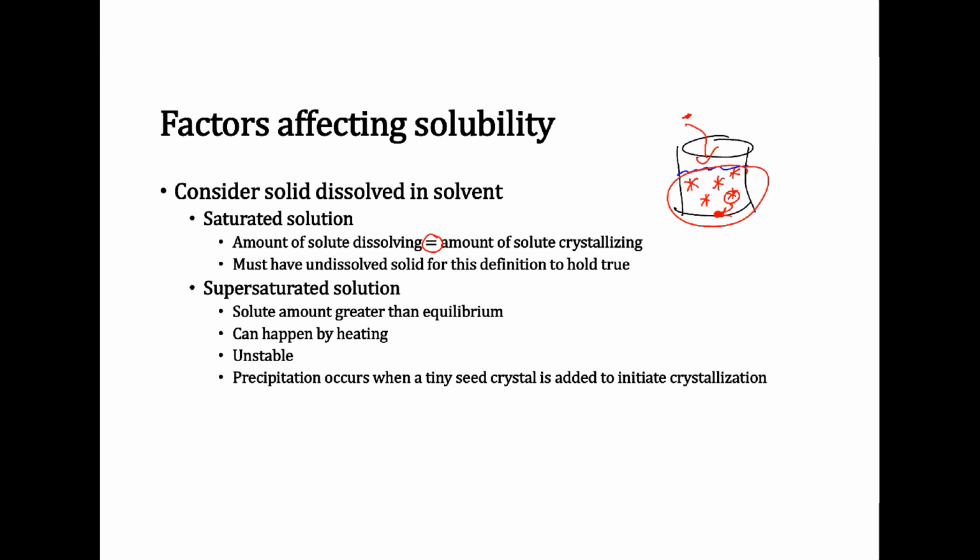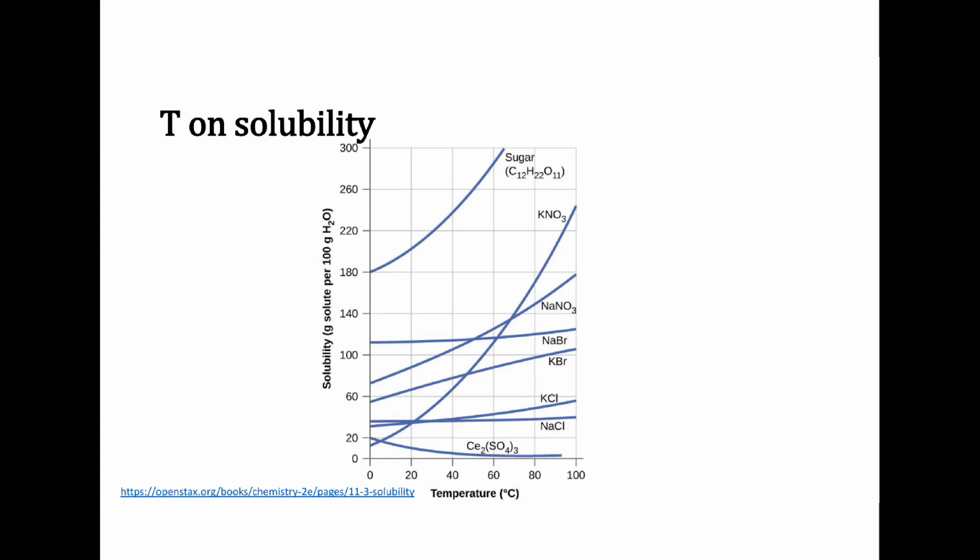So let's go ahead and look at the effect that temperature has on solubility. Here we want to focus on the effect of temperature on solubility for solids being dissolved in liquids. As we look at this graph, what we can see is in general, as the temperature increases, the solubility is increasing, meaning we can get more solute dissolved as we increase the temperature.